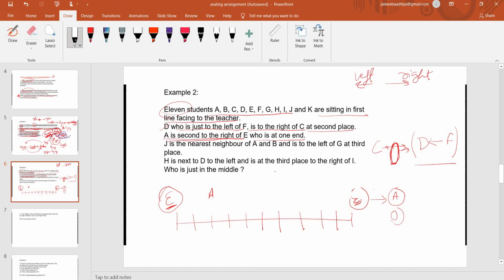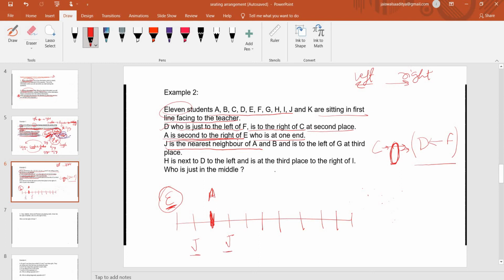So if E is here, then A is the second to the right. So A is going to be here. Okay, so we have placed A and E both. Now see, J is the nearest neighbor of A. So J could be here also.